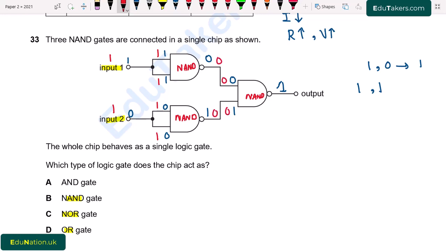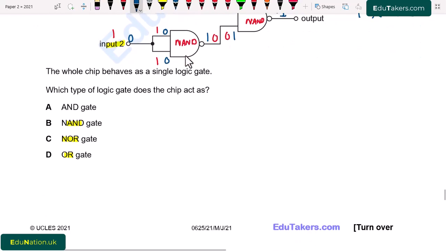This 0, 0 becomes the input of the last NAND gate and this 0, 0 gives 1. It means that when inputs are 1, 1, the output is also 1. So this is actually the OR gate, in which when any one of the inputs is high, the output will be high. So this is for OR gate. I tick here option D.